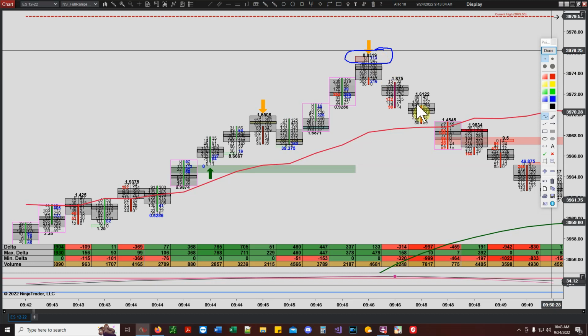That's a tail. That's dealing with single prints up there. That's what you call a tail. That's what you call a slingshot. He has imbalance zones that pop up. He is flagging and telling you several ways of looking at order flow.